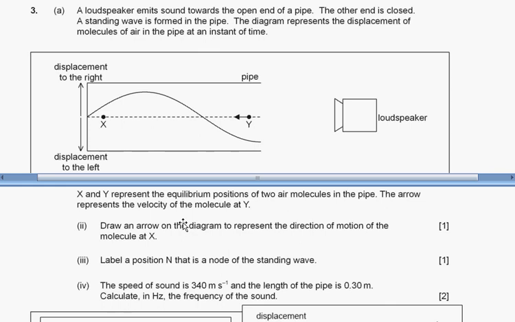X and Y represent the equilibrium position of two air molecules in the pipe.